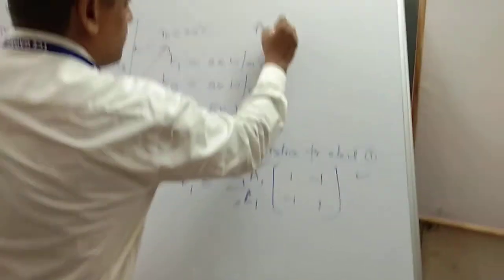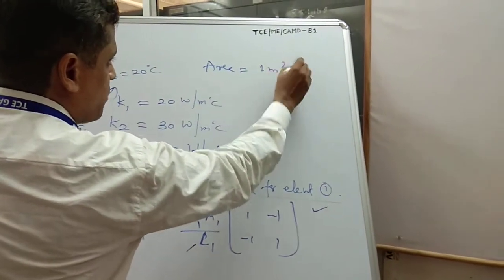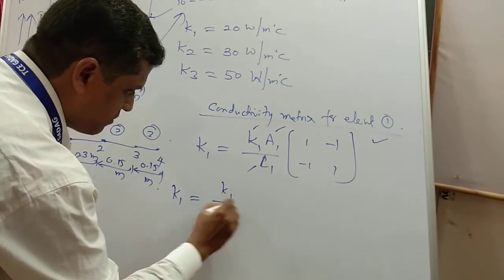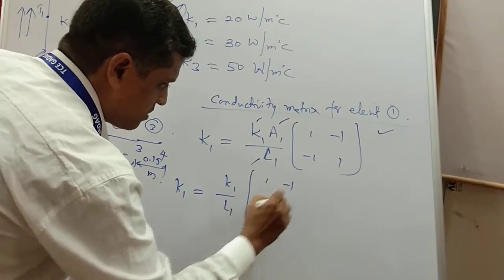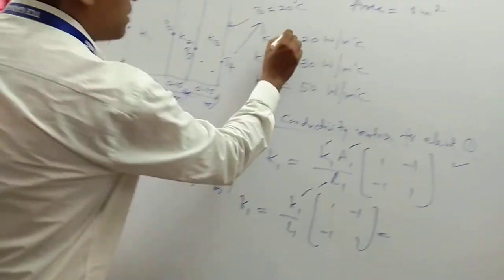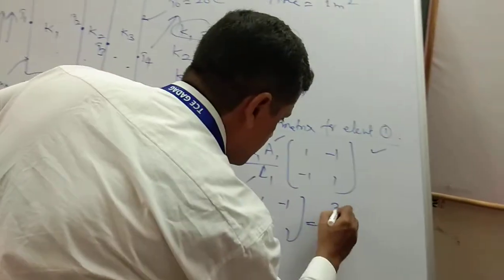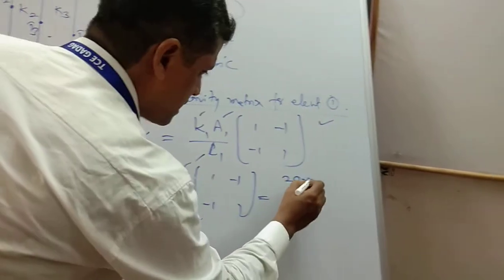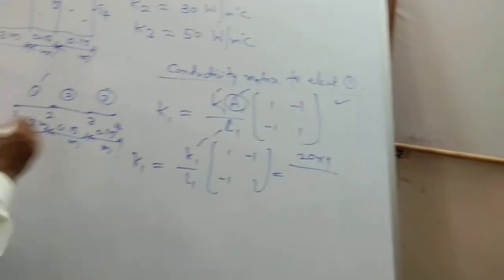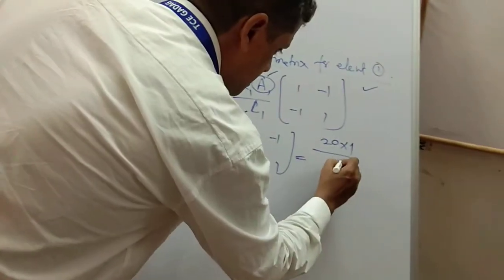Let us take the given area as 1 meter square. Therefore this thermal conductivity matrix will become K1 by L1 into [1 -1; -1 1]. Let us substitute the K1 value, which is given as 20, into 1, that is the area is unity, divided by the length given, 0.3.